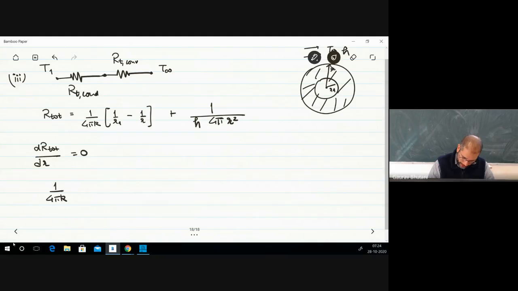So 1 by 4 pi k can be taken common, and d by dr of 1 by R1 is 0, because R1 is a constant, and then we have d by dr of r to the minus 1, which becomes a minus 1, which makes it a plus, and then you have 1 by r squared.